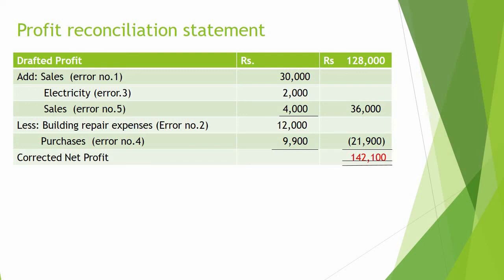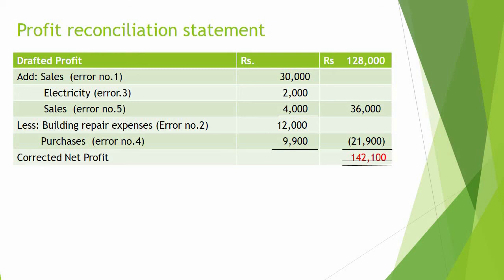After correcting all the errors, we have to prepare a profitability reconciliation statement to adjust the profit. Here we only need to consider the effect on income and expense accounts. If an income account or expense account is credited, you should add it to the drafted profit.